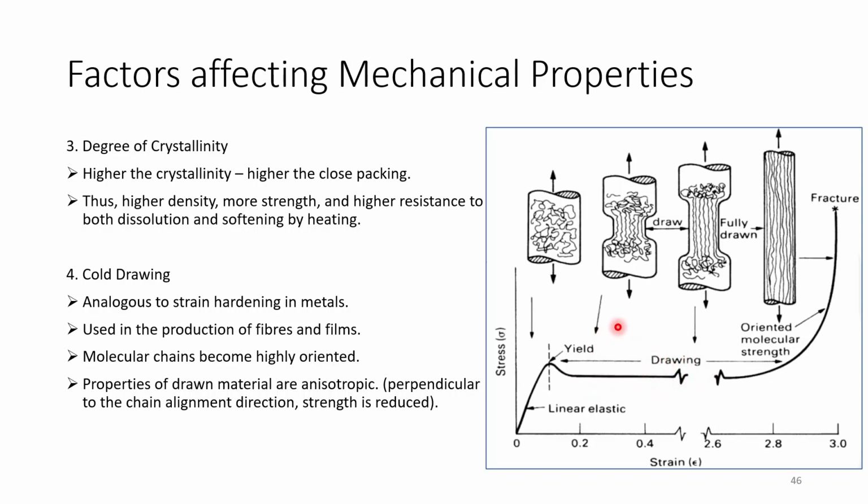In this case, your chains keep getting highly oriented in one direction. Up to this point it shows this orientation, then oriented molecular strength. Your strength keeps on increasing, and after this, it shows a fracture.